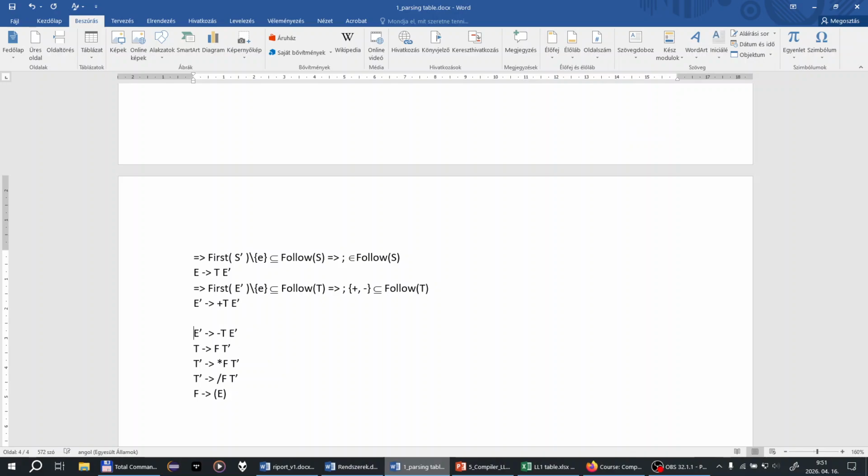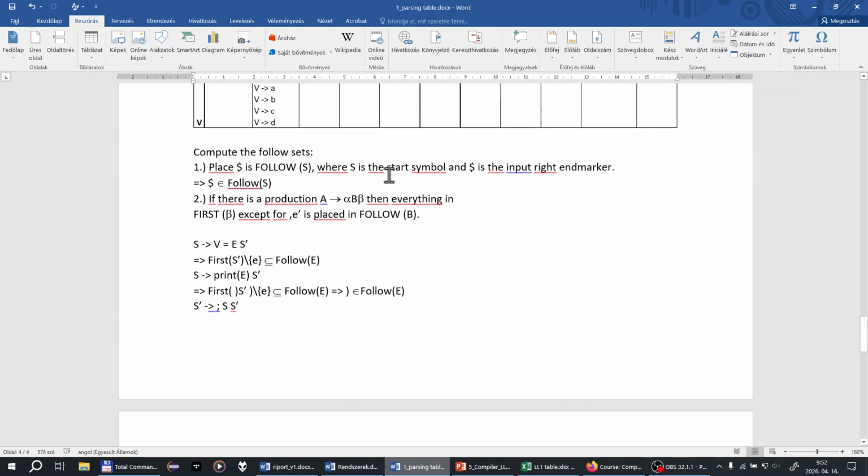Okay, let's see this one. It is pretty similar because T is followed by E prime, so it is the same. In this case, first of T prime may follow the F. Okay, what is first of T prime? Let's see.